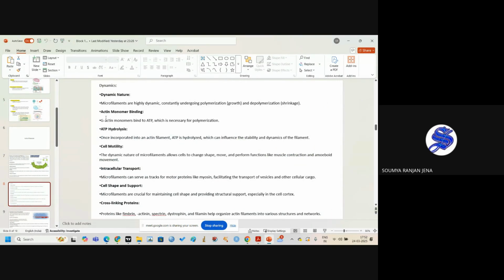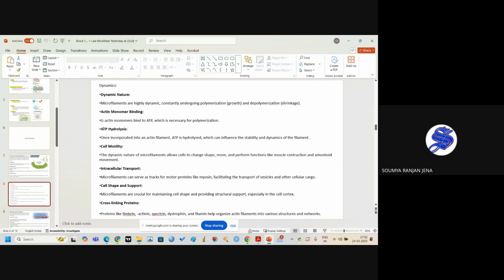Then, if we go to the actin monomer binding, G-actin monomers bind to ATP molecules. G-actin monomer always requires one molecule of ATP, which is necessary for polymerization of this G-actin.